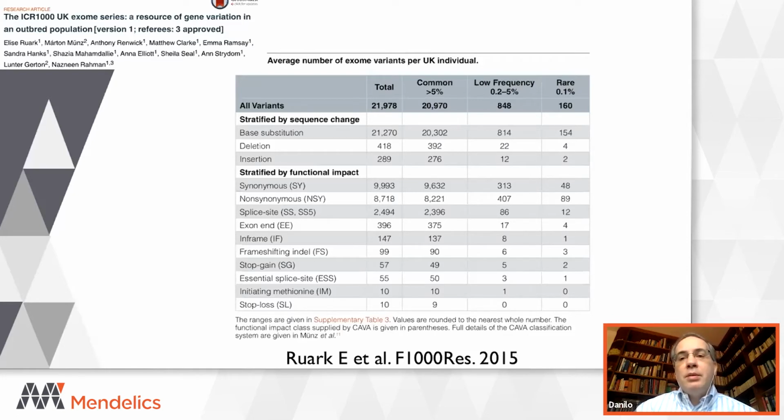They will have a frequency of more than 5%. So probably these are not the ones that cause the disease, but the rare ones, and we'll find about 160 rare variants. These are the most important, and we have to spend most of our time studying these variants.